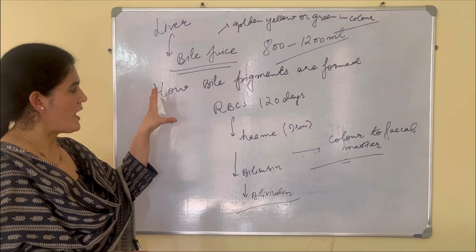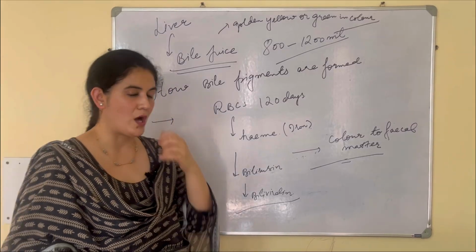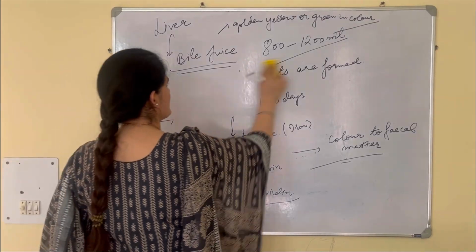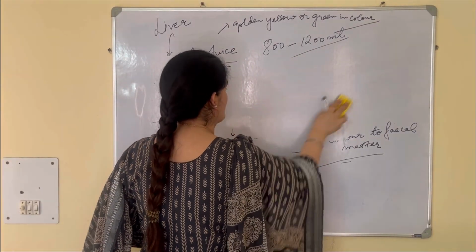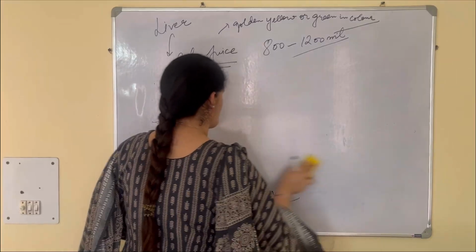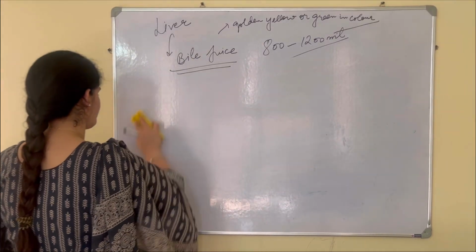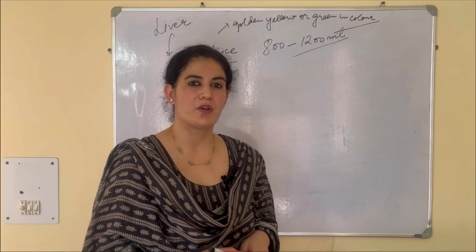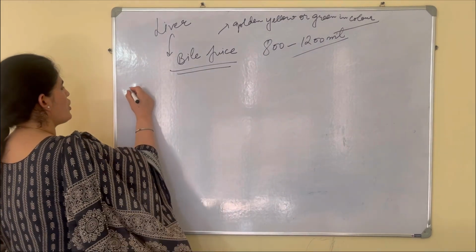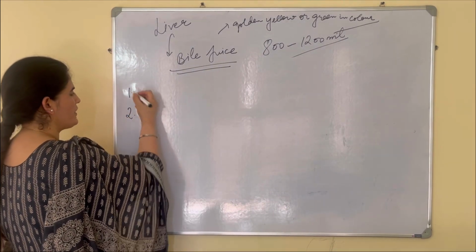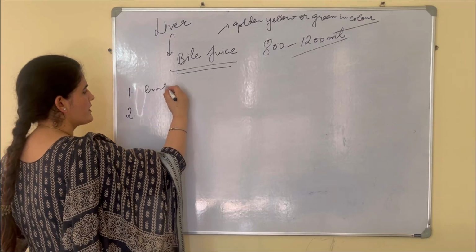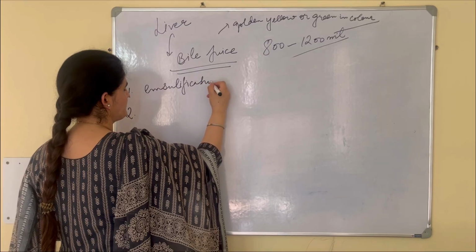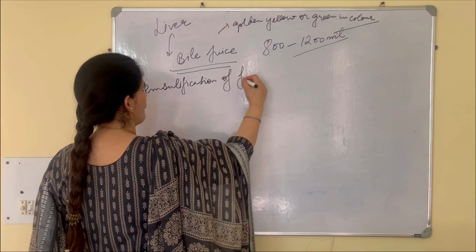Now next we have to discuss the functions of bile juice. I hope students this much is clear. It's an easy thing, nothing complicated in this topic. The first function of bile juice is emulsification of fat.